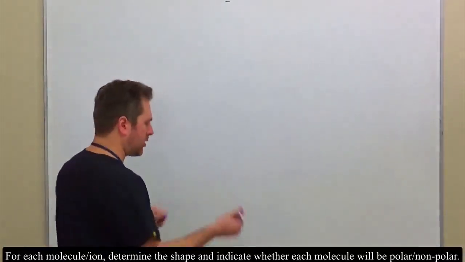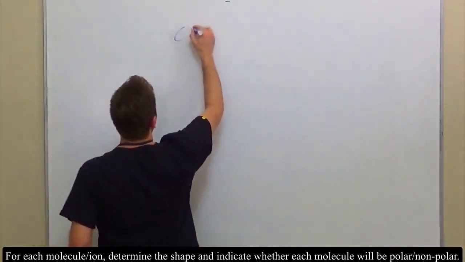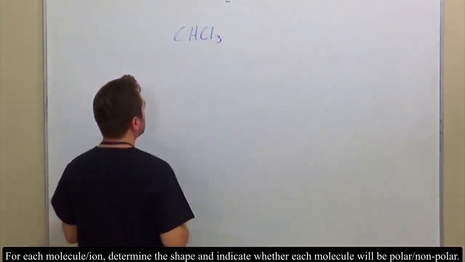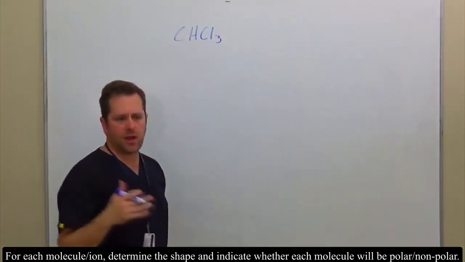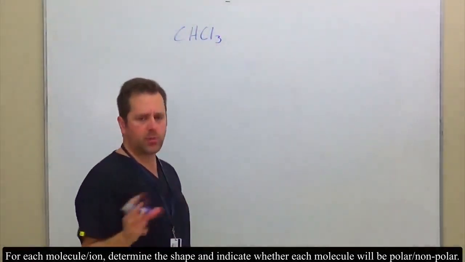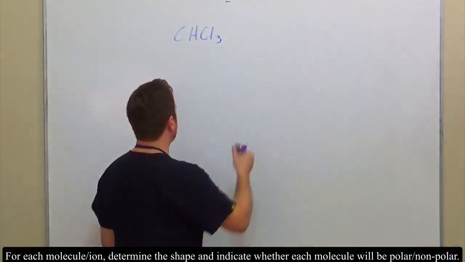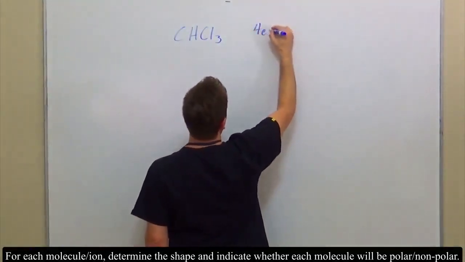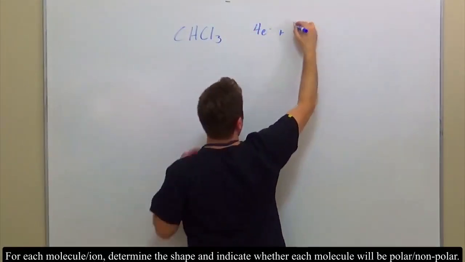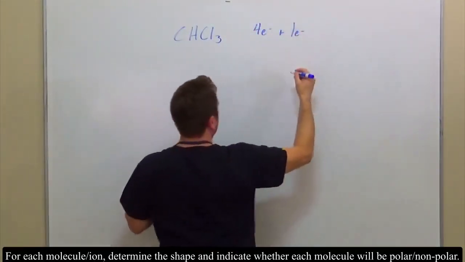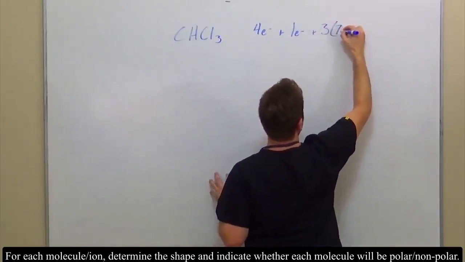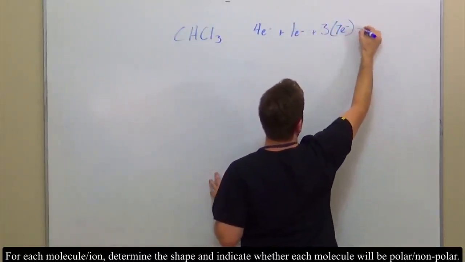CHCl3 is our next molecule. All right, let's go through our process and figure out the total number of valence electrons we need to account for. Carbon is a group 4. Then we have hydrogen, which just has one valence electron. And then we have 3 chlorines, and each chlorine contributes 7 electrons.